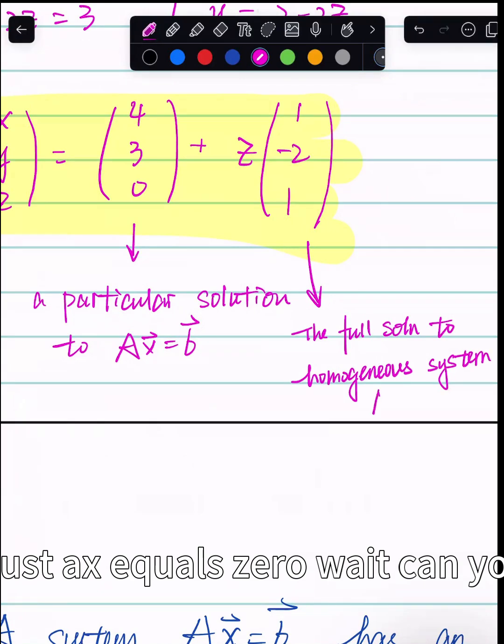And again, a homogeneous system is just Ax equals 0.